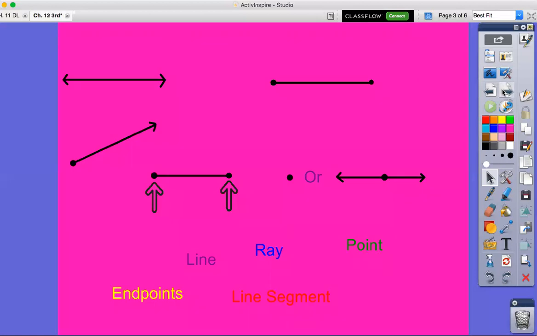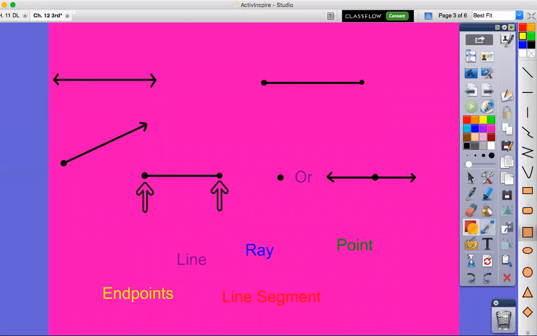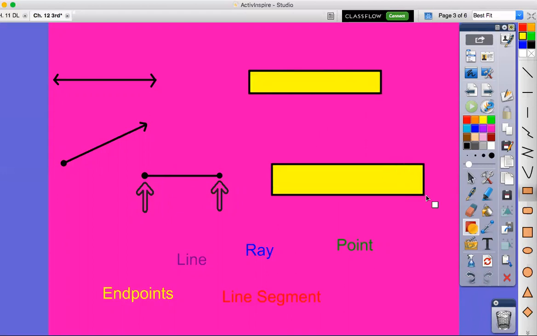Now let's see if you can remember where these things go. Okay? What is this? What word am I going to move up here for this? Just in case, I'll cover them up until I get to them.